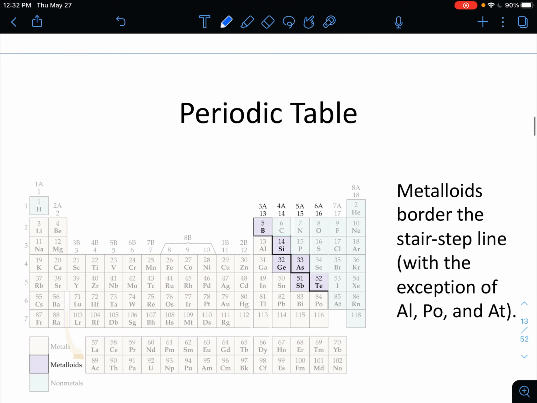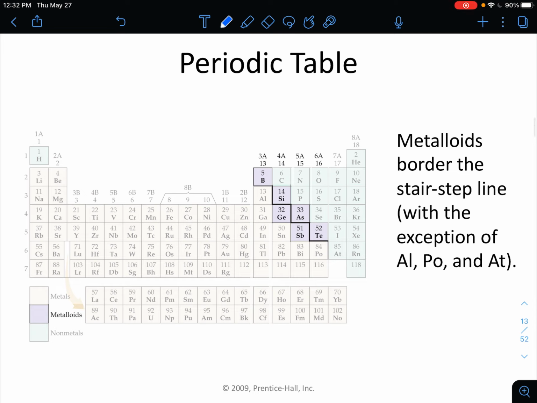So with that in mind, that means most things are either metals or metalloids. One marker you may want to make on your periodic table is to follow this staircase that you see here, because it delineates what we call the metalloids. These are elements that have some metal-like properties and some non-metal properties.